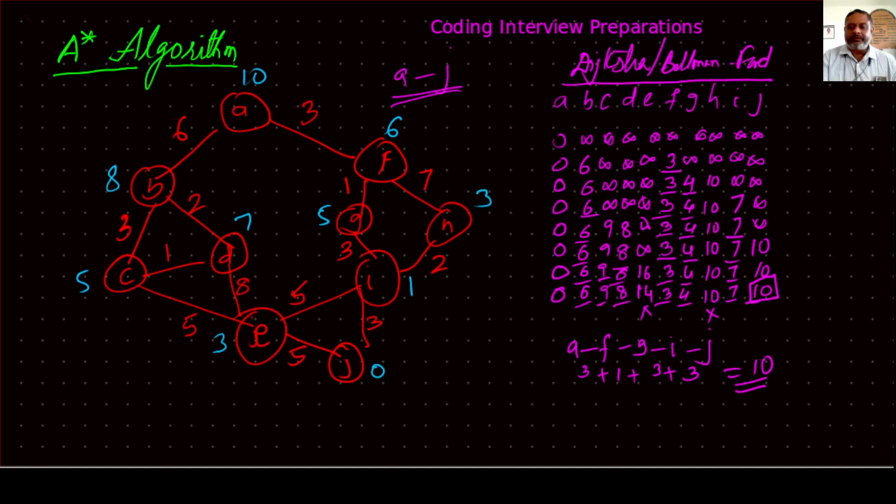So we started extending from I. So it could go to E, it could go to J. Going to J, it makes 3 plus 1 plus 3 plus 3, that is 10. And going to E, 3 plus 1, 4 plus 3. So we get a 12 for E.